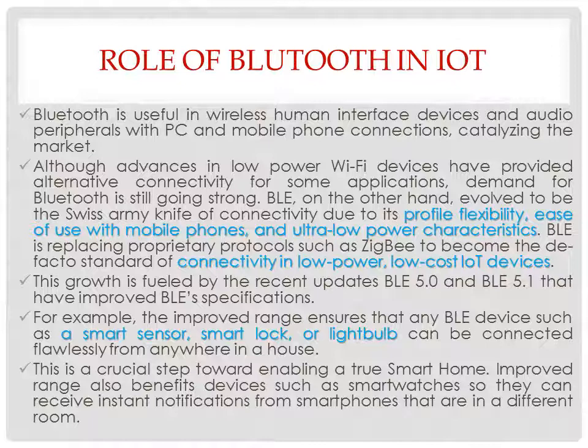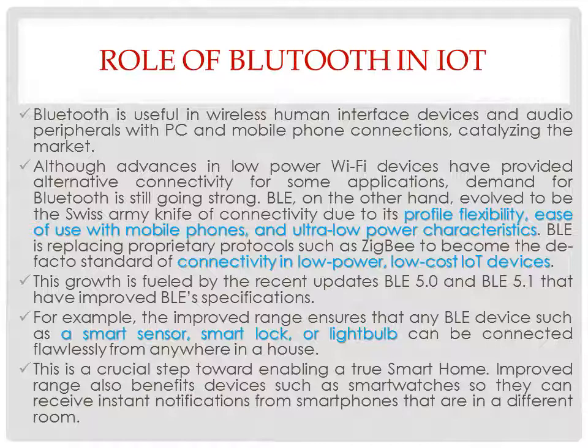This growth is fueled by the recent updates BLE 5.0 and BLE 5.1 that have improved BLE's specifications. For example, the improved range ensures that any BLE device such as a smart sensor, smart lock or light bulb can be connected flawlessly from anywhere in a house.